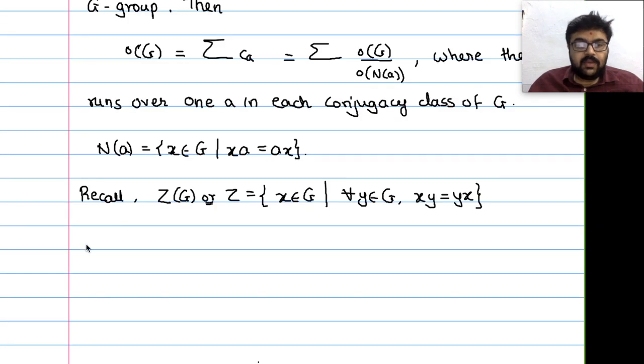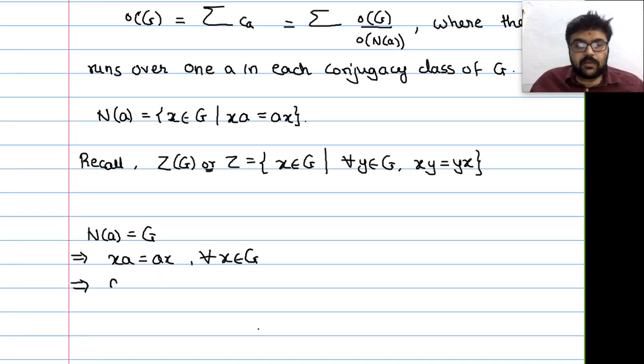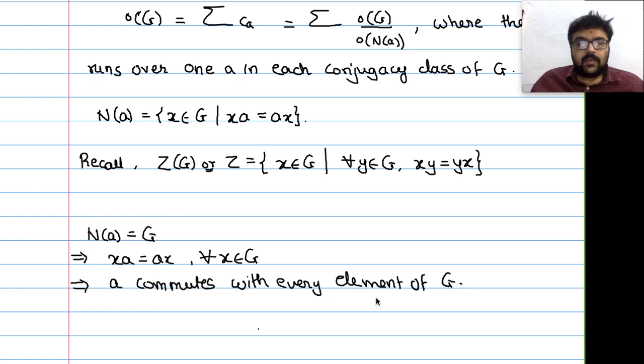So if we consider N(A) equals G, then this implies XA equals AX for all X in G. So that means A commutes with every element of G. If XA equals AX for every X in G, we say that A also commutes with every X in G. So all those elements which commute with every other element of the group are in the center.